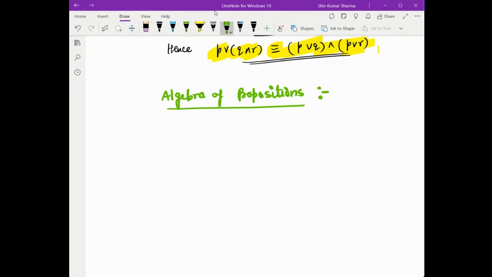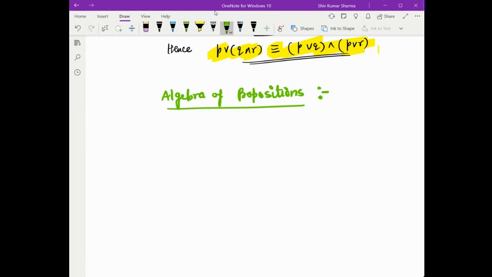Algebra of propositions. As we studied in set theory, we have some laws: idempotent law, identity law, commutative law, distributive law, associative law. So the same laws are here. Here we use the connectives, that means and, or, negation. On the basis of connectives, we write the laws.